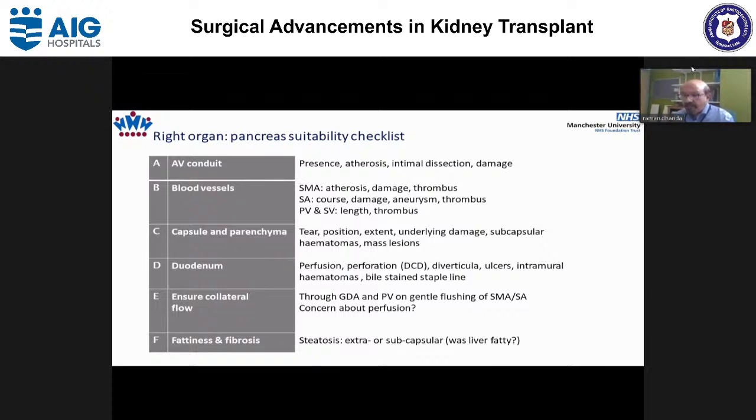It's all self-explanatory, but the most important aspect and most common thing that helps us include or exclude a pancreas for transplantation is fibrosis of the pancreas or steatosis, and establishment of an adequate collateral flow. As Jamal mentioned, the pancreas doesn't have a direct pancreatic artery. It basically relies on collateral circulation from the SMA as well as the splenic artery.